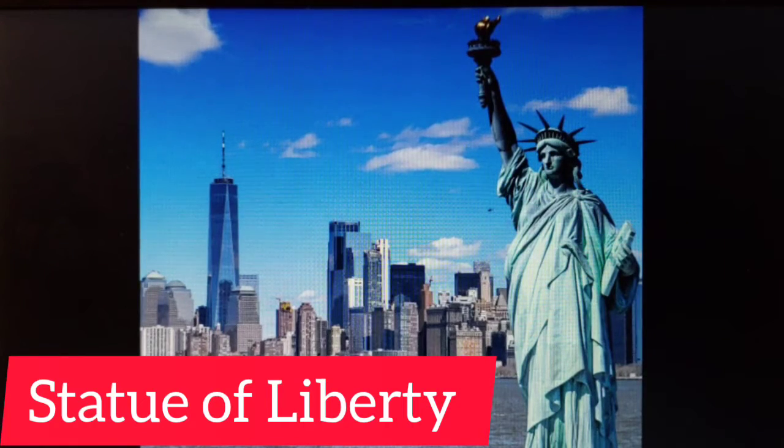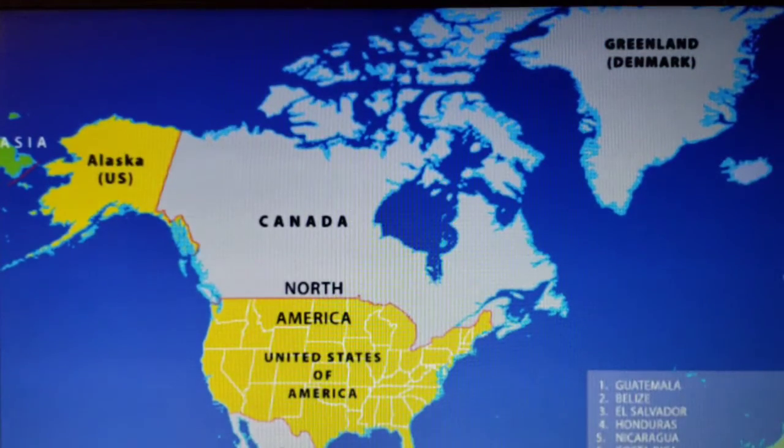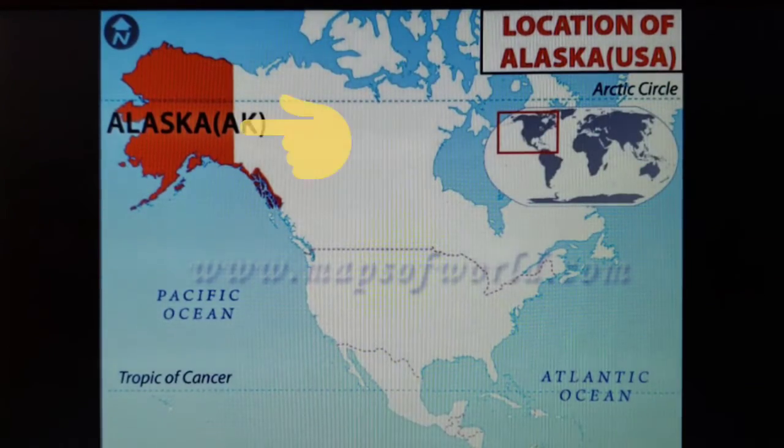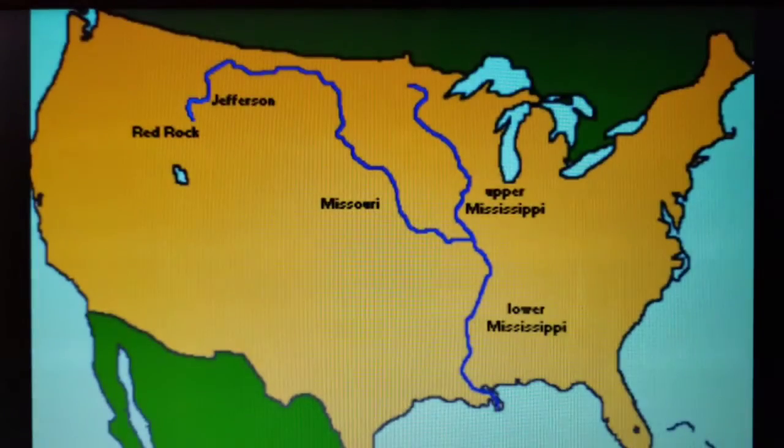So that is the other point we need to remember when we think of New York. The other state is Alaska, or Alaska is the largest state. In terms of land, Alaska is the biggest, the largest. In terms of population, it is California. So Alaska is the largest state.